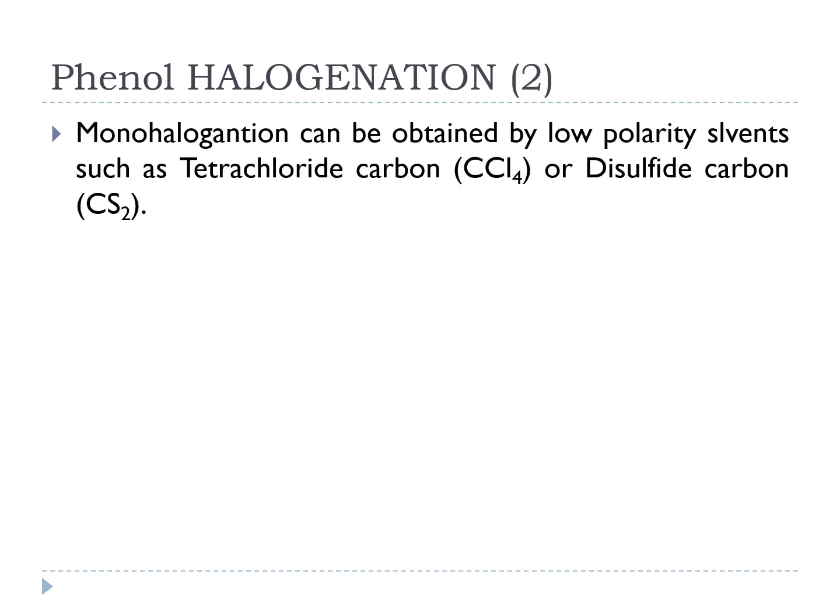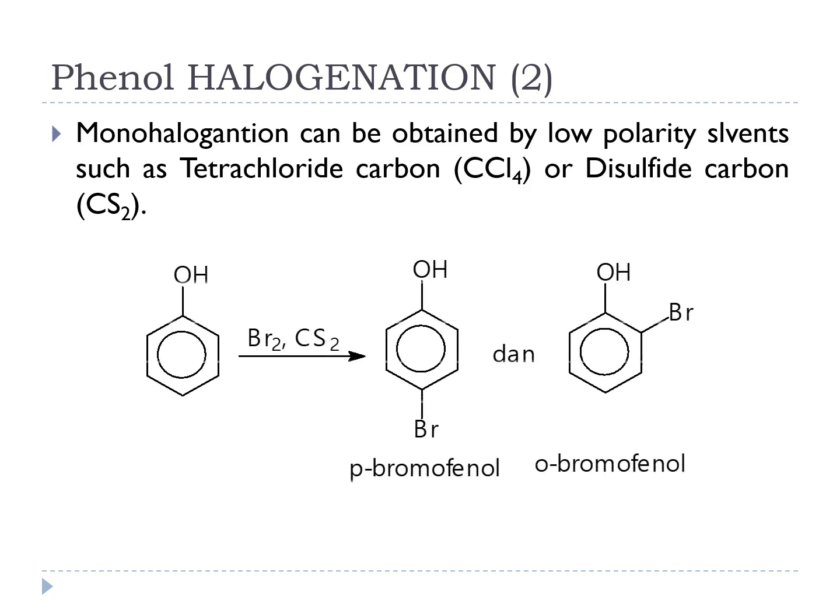Okay. So if we want to get monohalogenation, don't use the usual halogenation. Remember, for usual halogenation, we can use the catalyst of aluminum chloride or ferric chloride.